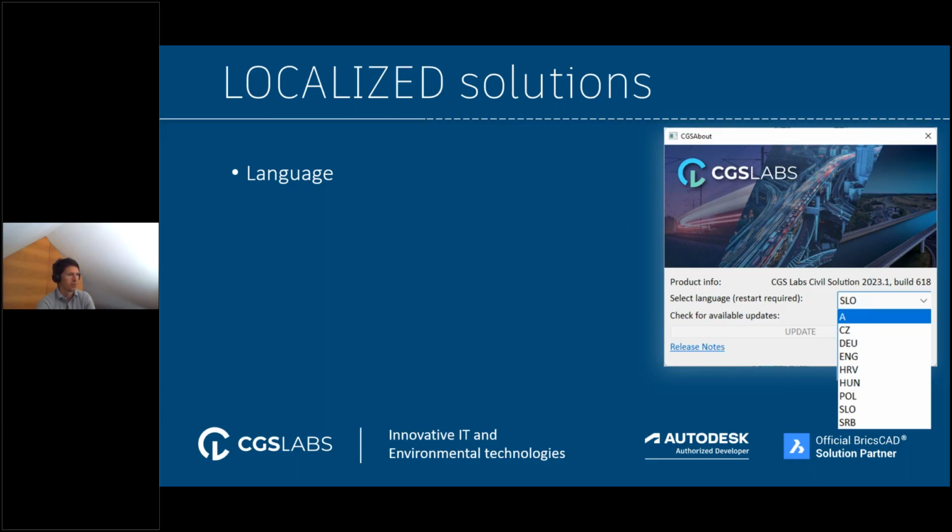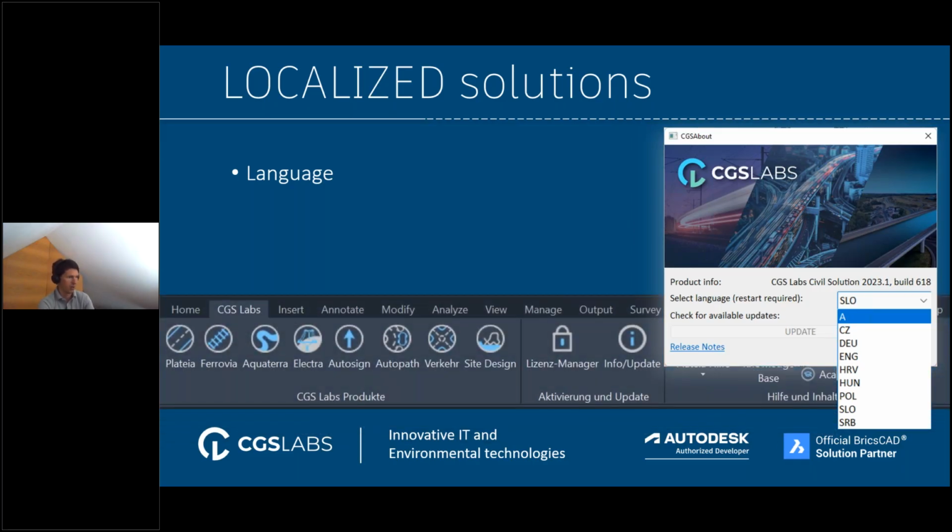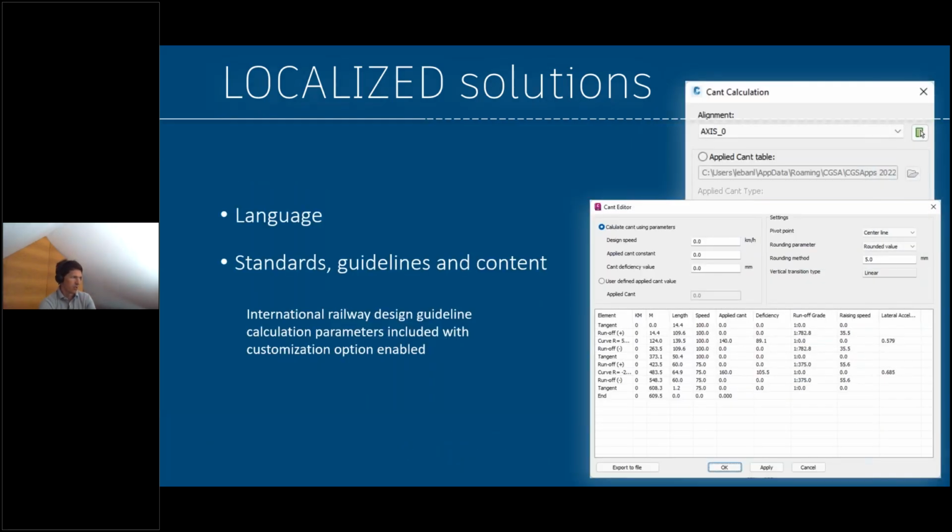So let's look at the English version as the most flexible one which you can use, but of course other markets demand local language as well. So language is important, as well as standards, guidelines, and content, as I already mentioned.